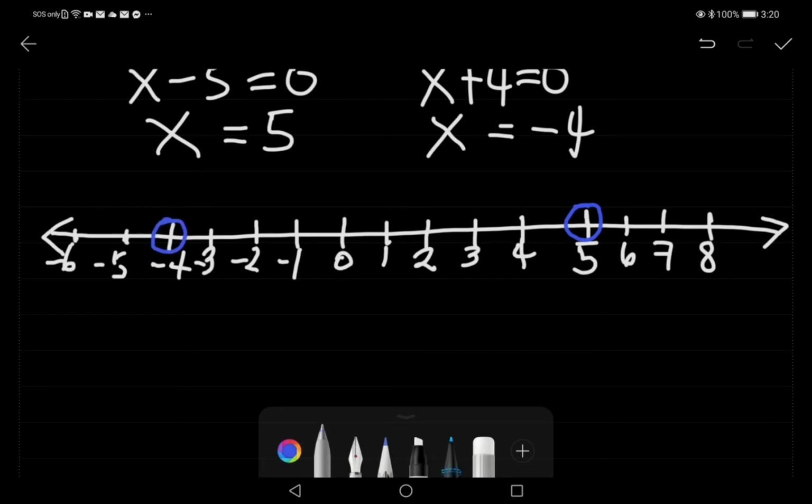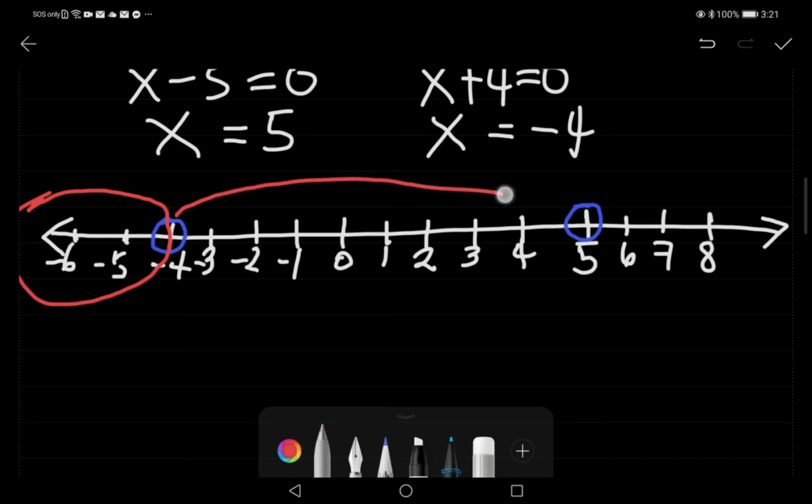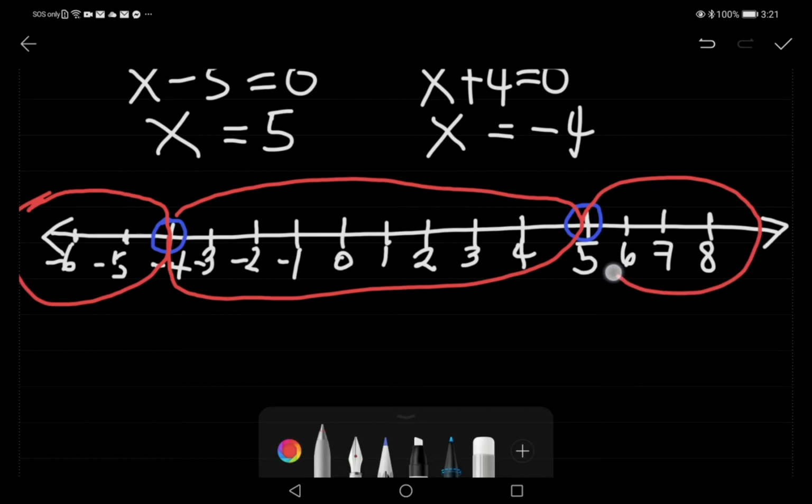Then mag-test ta kaning dapita diri, kani siya diri nga part ato na siyang i-testing, kani nga part diri ato sad siyang i-testing, kung asa ang iyang mga solution.